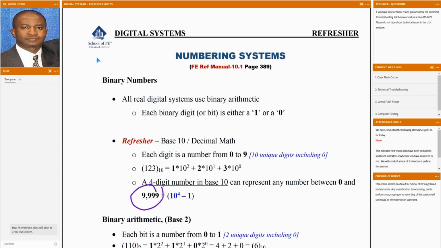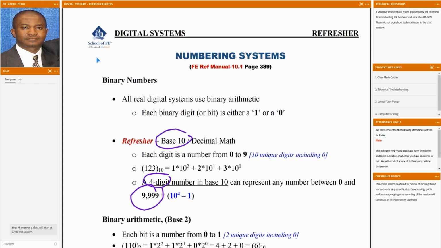4 digits, base 10, no fraction. We know it's going to be 9,999. This is the highest number you can represent in base 10 in our normal language if we limit you to 4 digits.